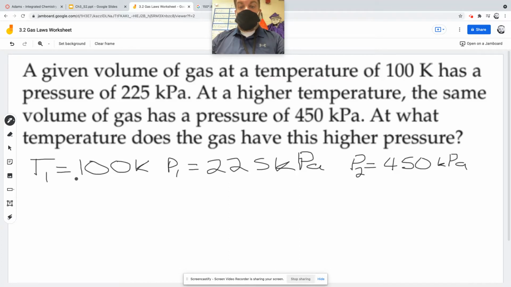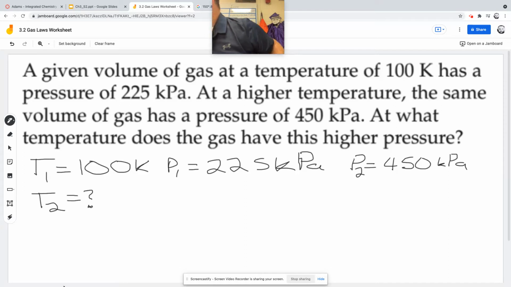And then it says at what temperature does this gas have a higher pressure? So they want to know what T2 is, the final temperature. So now I have two pressures and a temperature, and I need to figure out the relationship of the two.